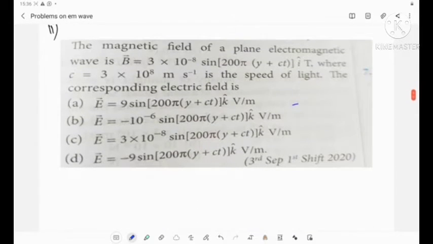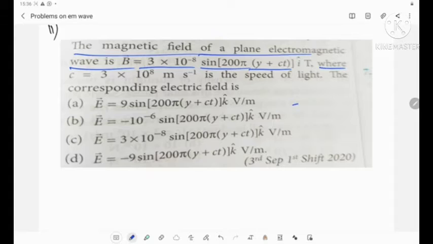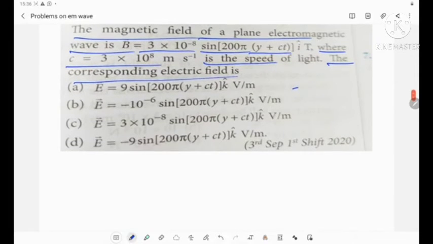Next, problem number 11. The magnetic field of the plane electromagnetic wave is B is equal to 3 into 10 to the power of minus 8 sine 200 pi into y plus ct i cap, where C is 3 into 10 to the power of 8 meter per second, the speed of light. The corresponding electric field is, here magnetic field is given.